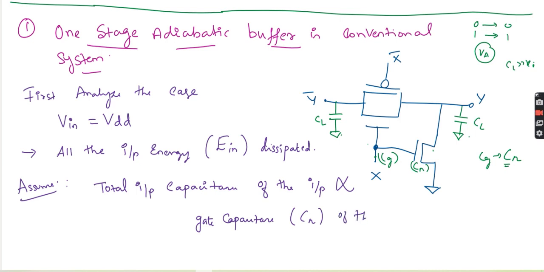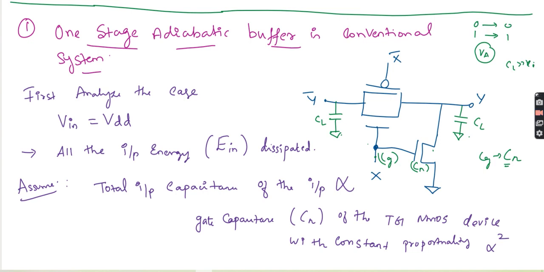Cn of the TG, that is transmission gate, NMOS device, with constant of proportionality alpha square.